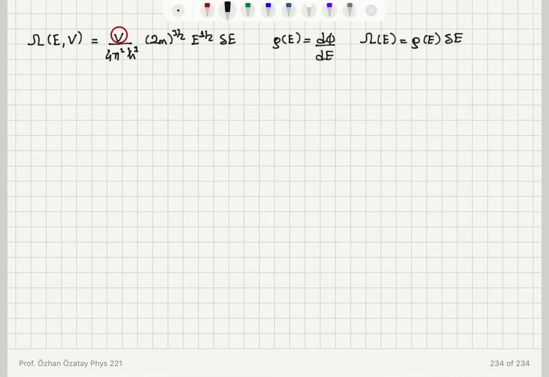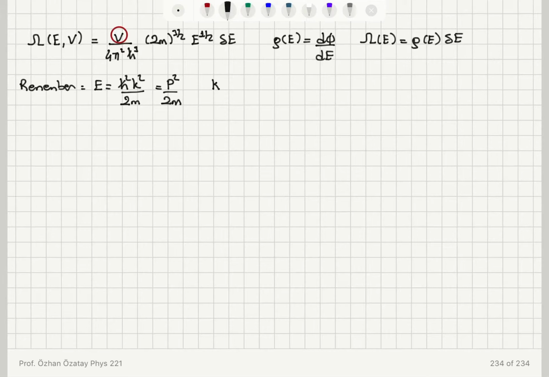And we can find this density of states using the energy levels of the system. So remember that the energy is given by h bar squared k squared divided by 2m. It is momentum squared divided by 2m, and the k values were quantized.